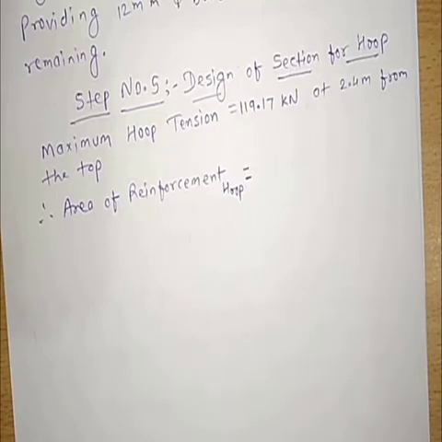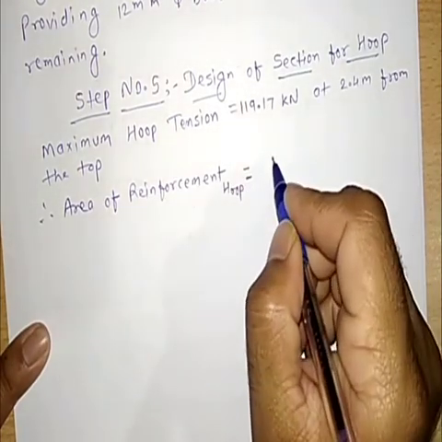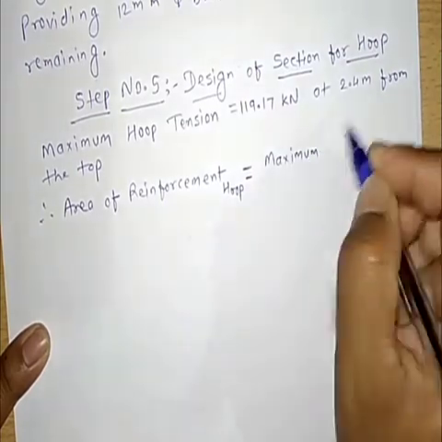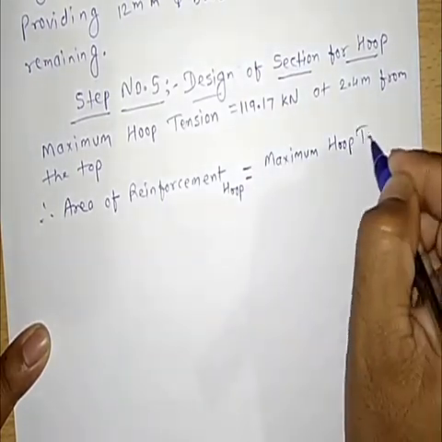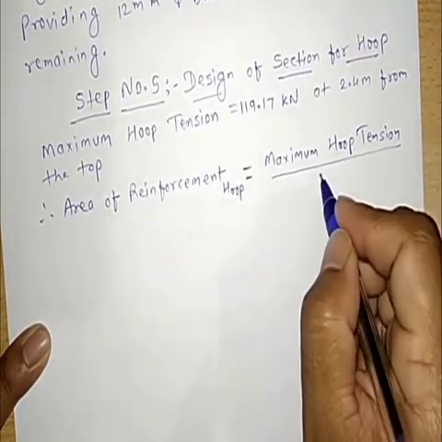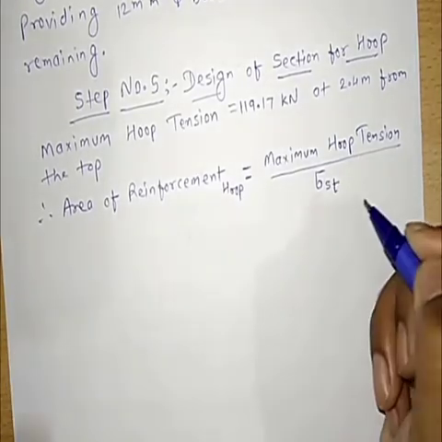From there you can calculate area equals to force divided by stress. So maximum hoop tension divided by sigma st, which we have seen in the earlier step.